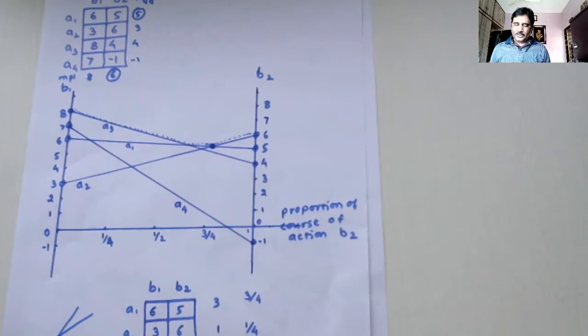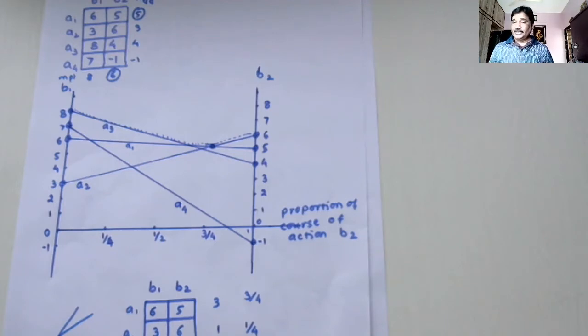So far, what we have seen is pure strategy. For that, you have to find out whether the game has a saddle point. If the game doesn't have a saddle point, then we try to reduce the game by dominance principle, and if it gets reduced to 2 by 2, or already if it is 2 by 2, we solve it by arithmetic method. Okay.